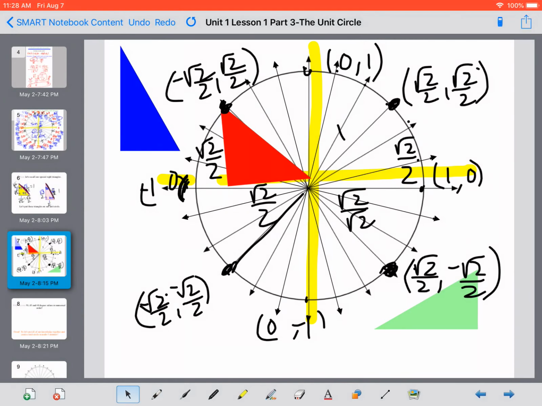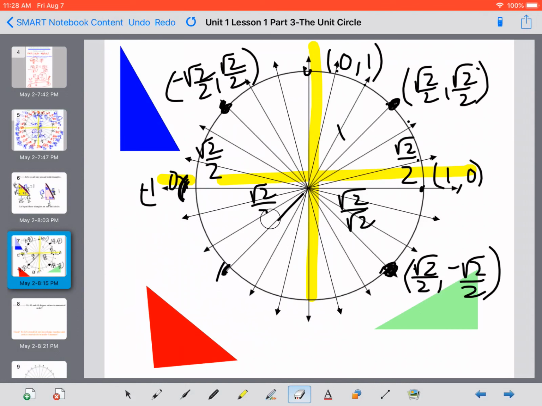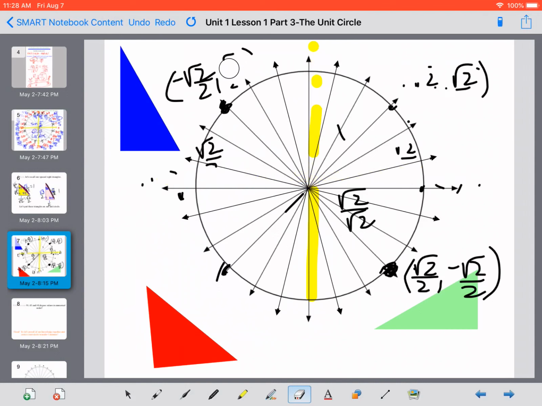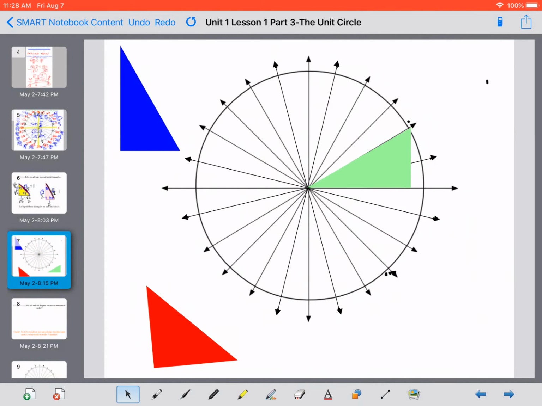So it's going to follow that if we put a 30, 60, 90 triangle on here, let me get the erase key. All right, let's erase all of that. All right, so if we put a 30, 60, 90 triangle up here, and it depends on what your reference angle is, so right here, I'm putting this at 30.